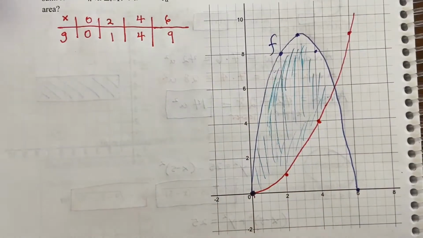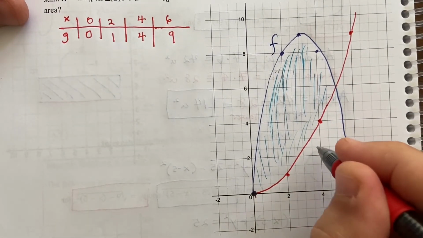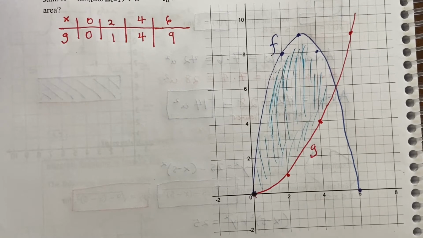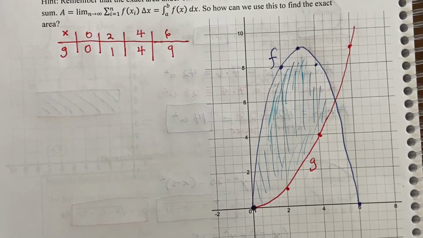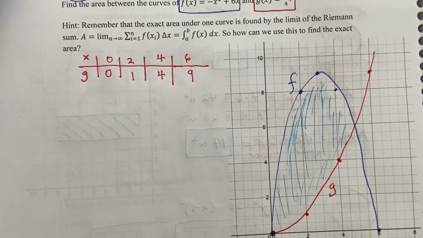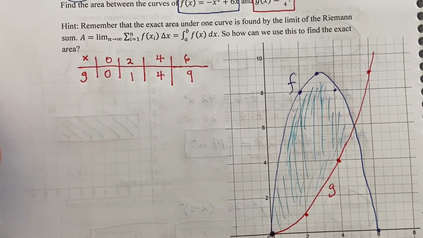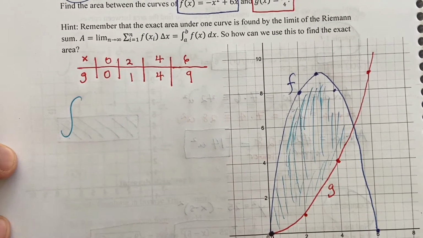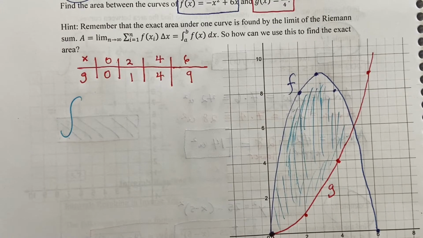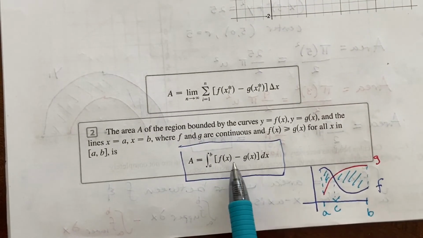This is f, and this is g. So that means I need to integrate to find the actual area. I need to integrate using this formula here.